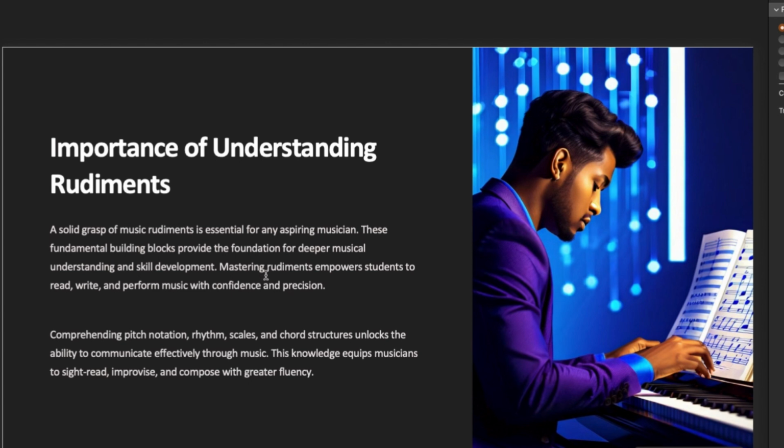You will be able to read the score sheet, music that has been scored, write it, and perform music in a confident and precise way. What you need to comprehend are the pitch, notation, rhythm, the scale, the chord structure, unlocking the ability to communicate effectively through music when you understand all these key parameters in music rudiments.